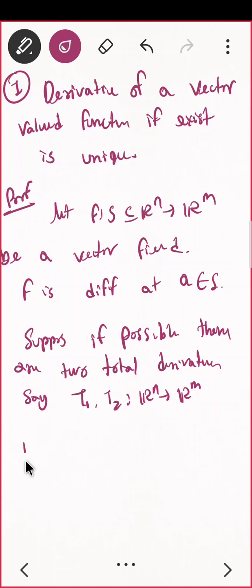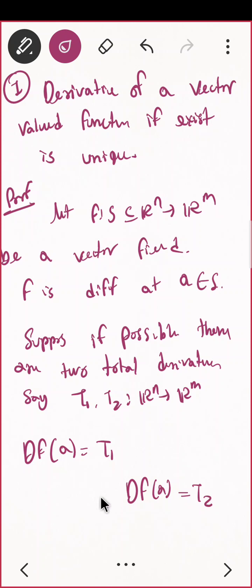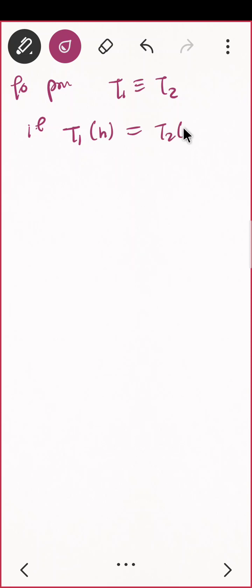Such that df of e is equal to t1, and again df of e is equal to t2. So these are the two total derivatives we are having. What we have to prove? We have to prove t1 equal to t2. Correct? t1 equal to t2. That means what? That is to prove t1 of h equal to t2 of h for all h belongs to Rn.